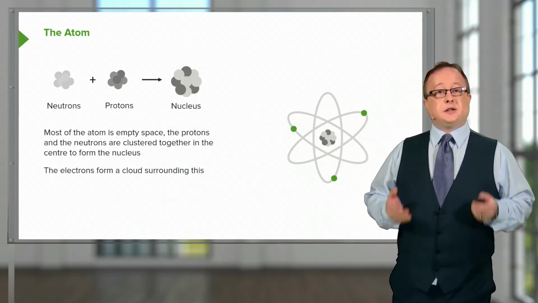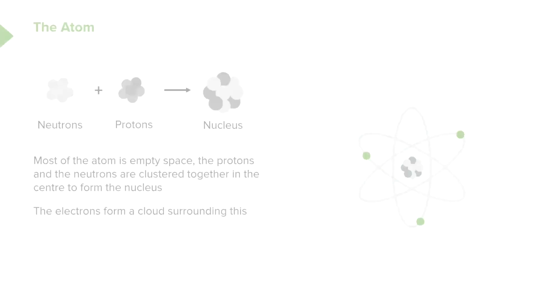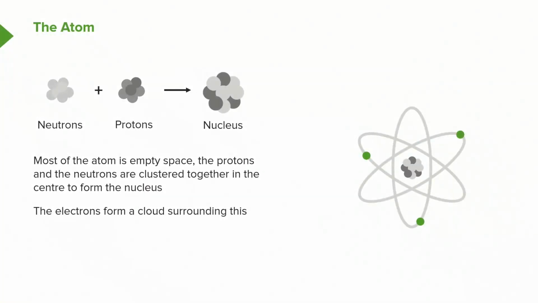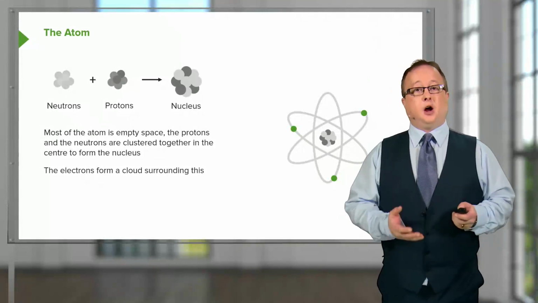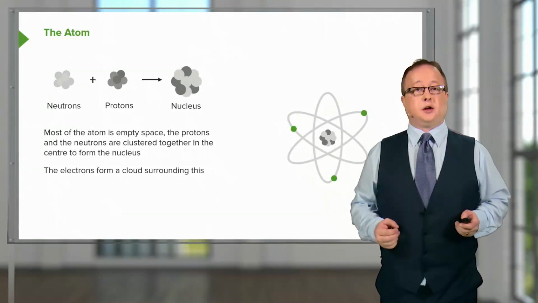Most of the atom is actually empty space, with the protons and the neutrons clustered together in the center. And this is something that was actually detected experimentally by Thomson and Rutherford. The electrons seemingly form a cloud around the central nucleus.